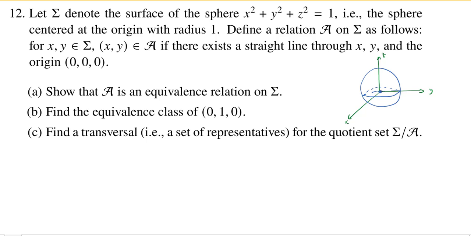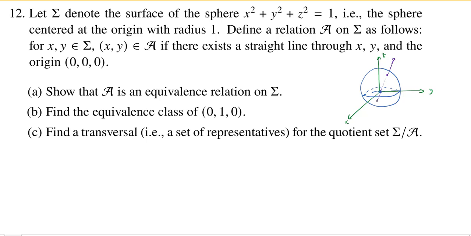And if I have 2 points on the sphere, and there's going to be a line that goes through them and through the origin, then they have to be what are called antipodal points. So say I pick some point on the surface of the sphere. There is a unique line that goes through that purple point on the surface and through the origin. And then it's going to have to come out the other side, right?